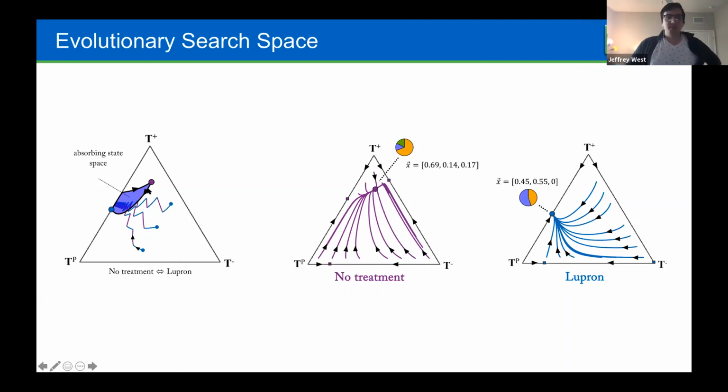And what we get is this absorbing state where all possible combinations of those two treatments tend towards that absorbing area. And what I'm doing is calling this evolutionary search space, because if you treat with those two combinations, you're eventually limiting the part of the domain which is reachable by those two combinations of treatments.